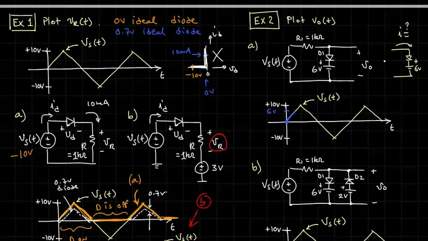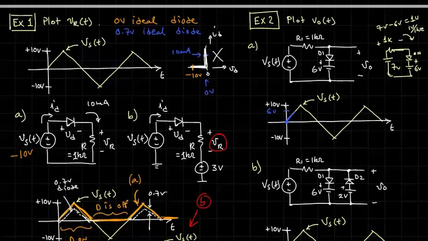If Vs goes to 7 volts, and we have a resistor here, 7 volts, 1K, then I'm going to claim that D1, and we'll check this, is actually on, and that would put 7 volts minus 6 volts equal to 1 volt across the resistor, and the current that would flow would then be 1 volt over 1K, 1 milliamp.